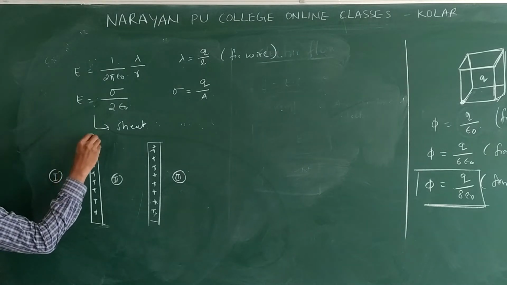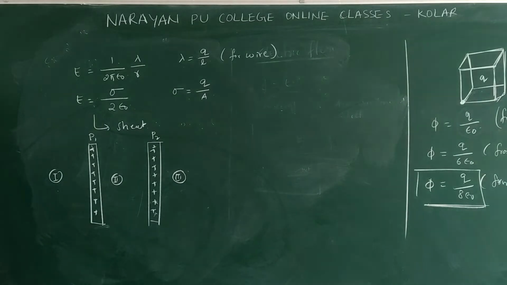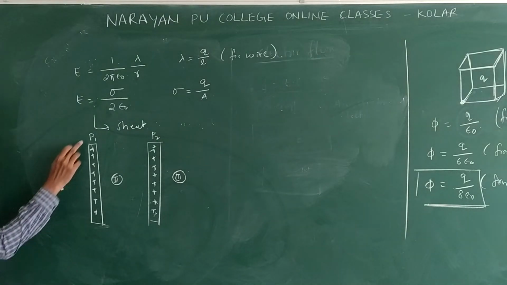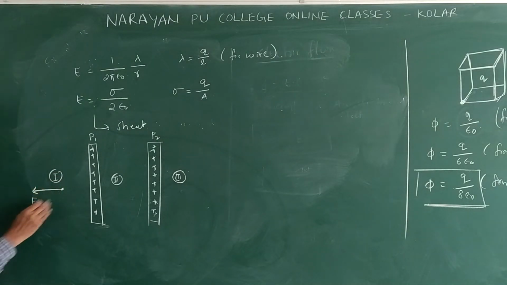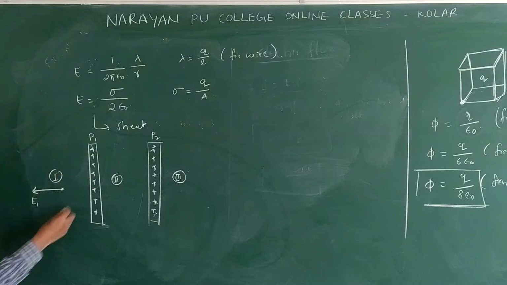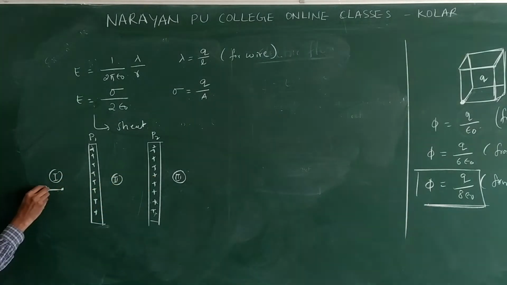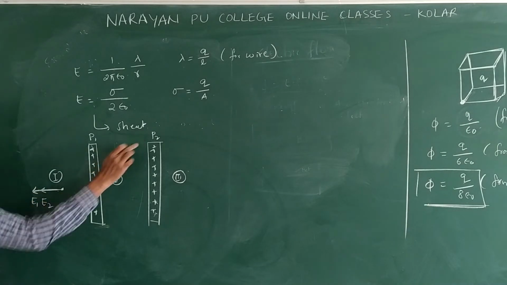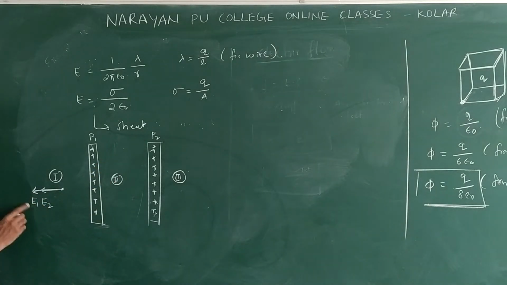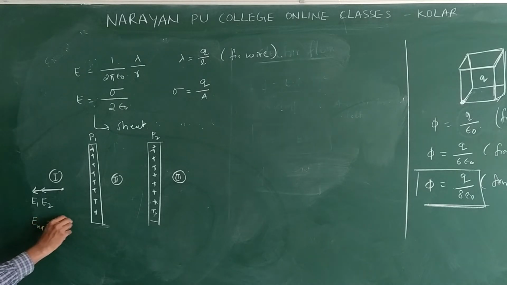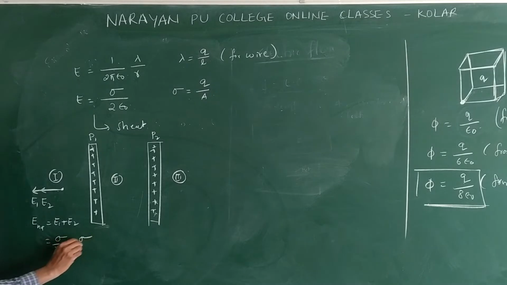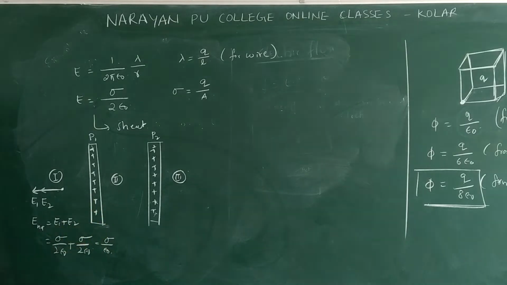Let us say this is plate 1 and this is plate 2. In region 3, two electric fields are possible. The field due to plate 1 acts away, in this direction, and the field due to plate 2 also acts in this direction. So both are in the same direction and their magnitudes add. Net E is E1 plus E2, sigma by 2 epsilon naught plus sigma by 2 epsilon naught, which is equal to sigma by epsilon naught.